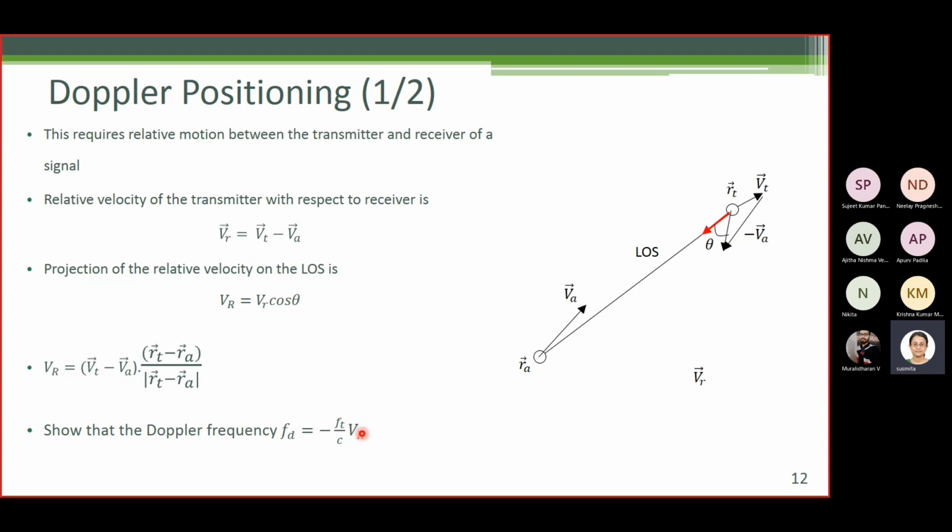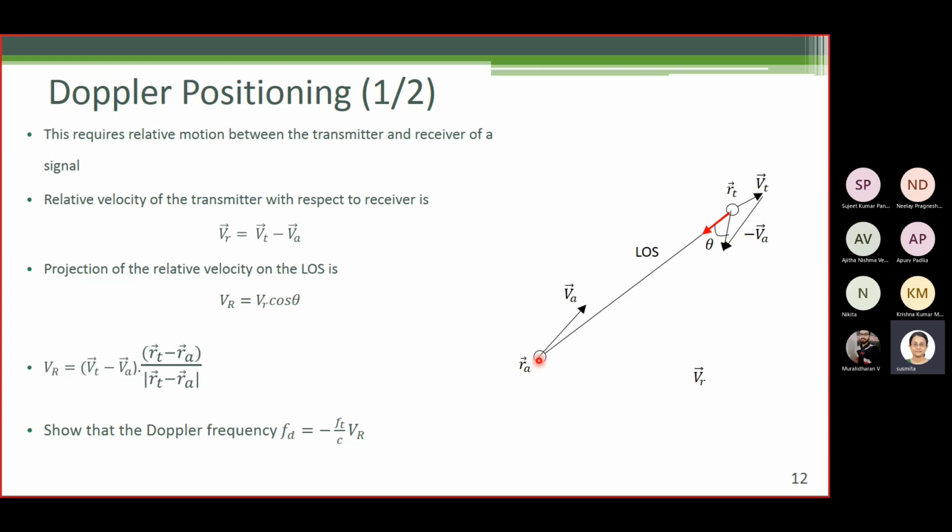Next thing that we need to do is the determination of, since this is in 3D, the surface of position. What do you think will be the surface of position for constant VR? Assume that VA and VT are known, and RT is also known. RA is not known. RT is known, VT and VA are known, but RA is not known.